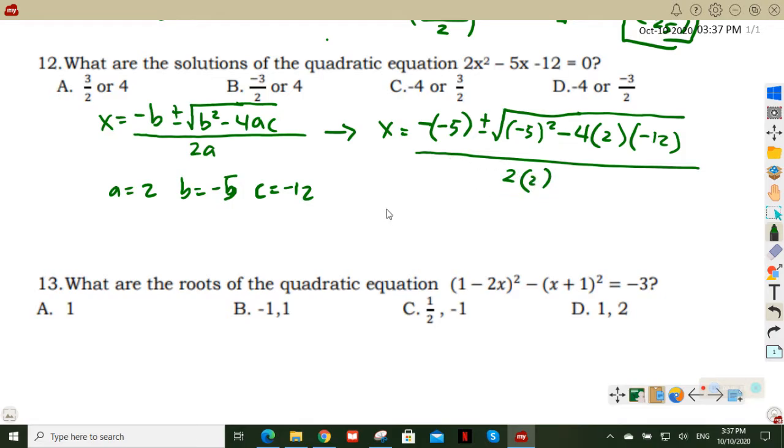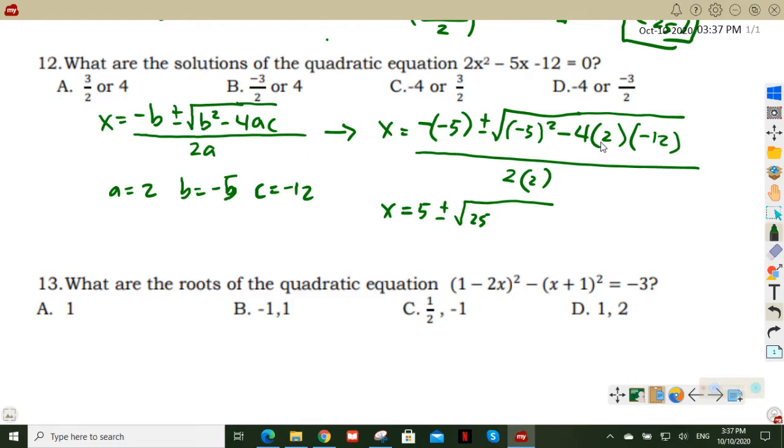Okay, so I should have x is equal to negative times negative is positive, plus minus the square root of negative 5 squared is positive 25. Now look at this. This is negative 4 times 2 is negative 8.